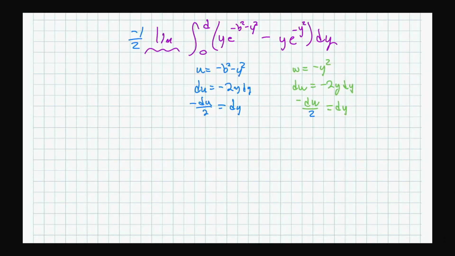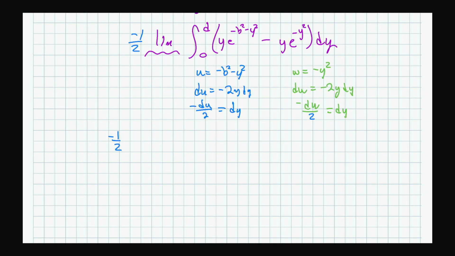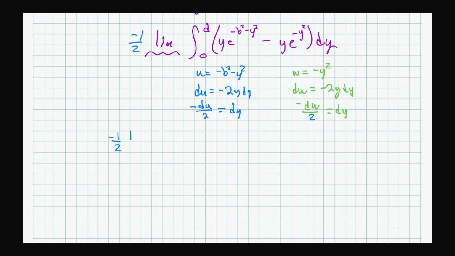Okay, so I've got this negative 1/2 that was from the first integral that I'm just carrying along. I'm not going to write out that limit still. Then I've got this integral here from 0 to d of y e to the negative b squared minus y squared dy, and a separate integral of 0 to d of y e to the negative y squared dy, right?